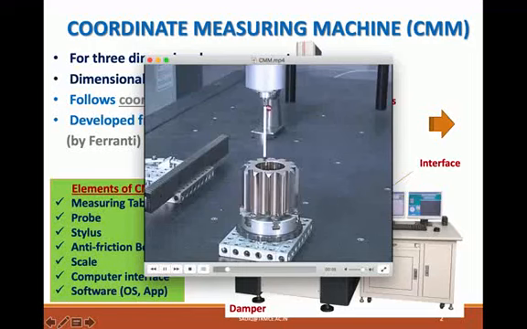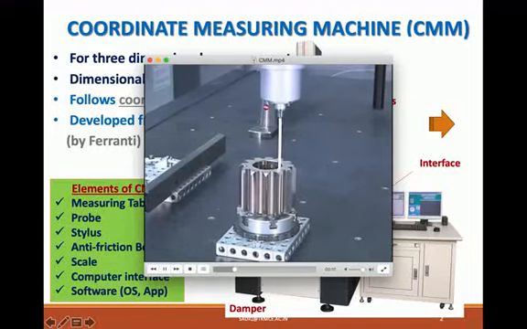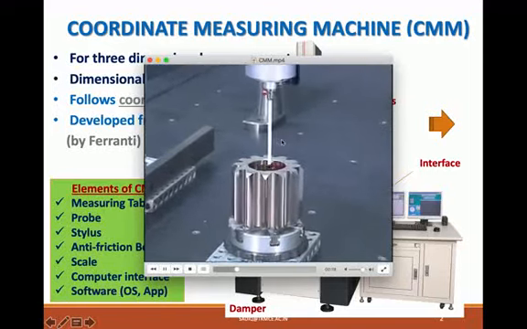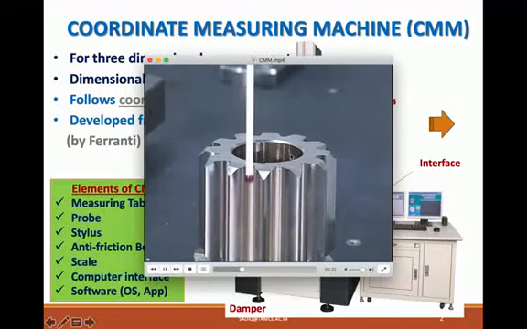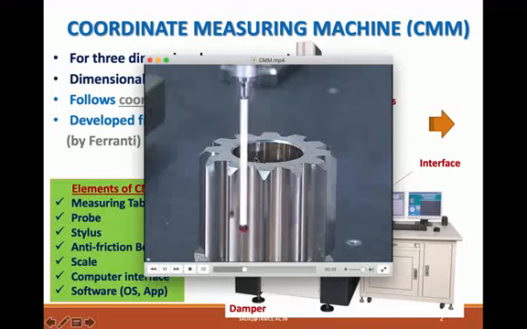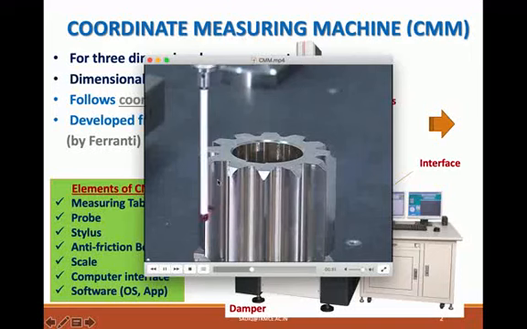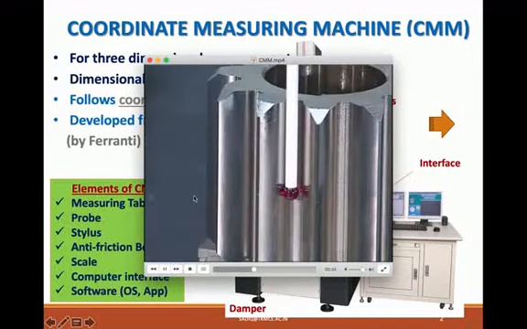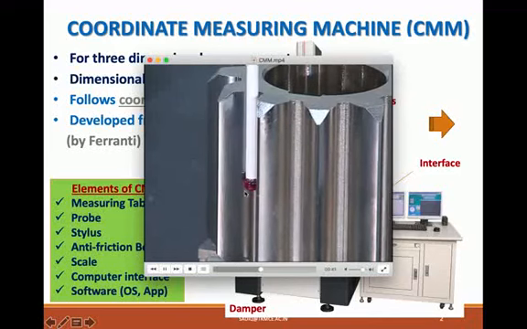Now this video shows how the CMM is used for measuring certain features of a spur gear. You can see that the stylus is moving in contact with the surface. What happens is, when the stylus touches certain points on the surface of the workpiece, the system takes the coordinate point of the center point of the stylus tip.